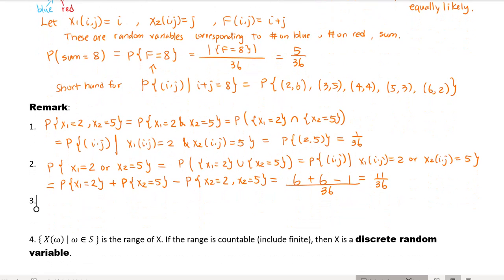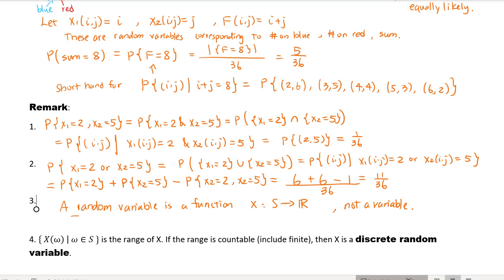Okay, third. A random variable is a function, not a variable. So a random variable X is a function from the sample space to the real numbers. And it is not a variable.